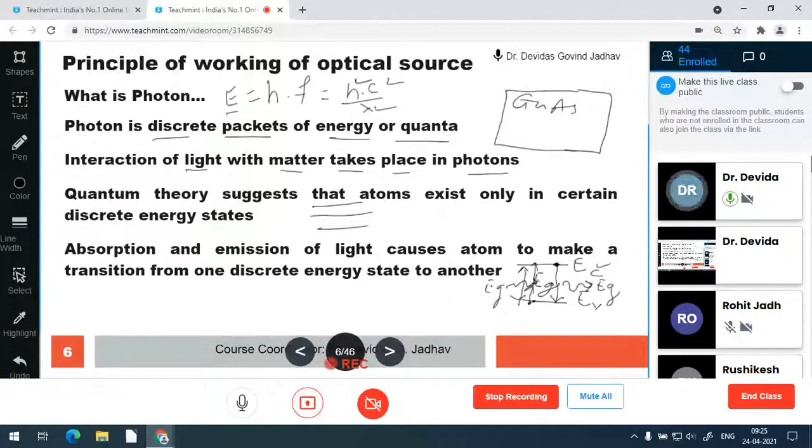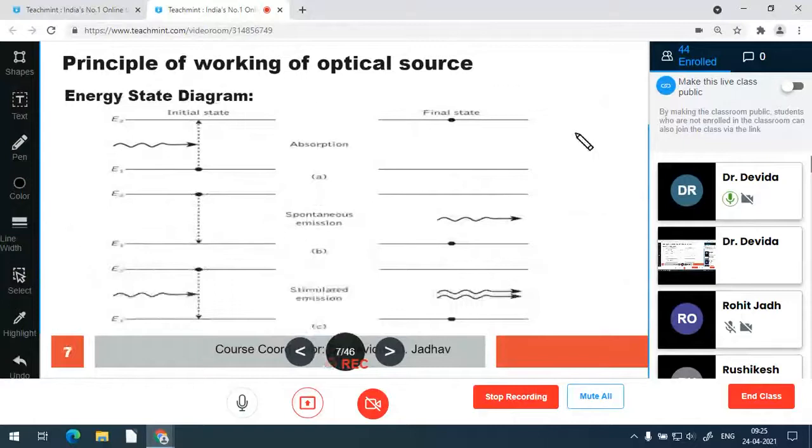Quantum theory suggests atoms exist only in certain discrete energy states, and absorption and emission of light causes the atom to make a transition from one discrete energy state to another. So these are the principles of operation of sources. The same thing is shown here, the principle of working of optical sources.